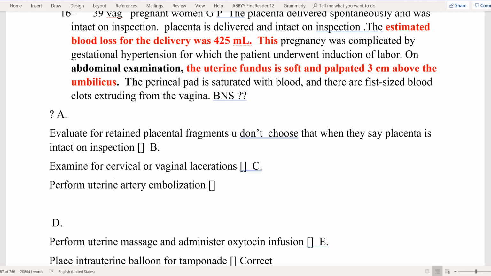Anything I missed? Prolonged labor, multiple gestation, polyhydramnios. So anything that stretches the uterus, like polyhydramnios, grand multiparity, operative delivery, retained placenta, genital laceration, uterine rupture, or coagulopathy or bleeding disorders.